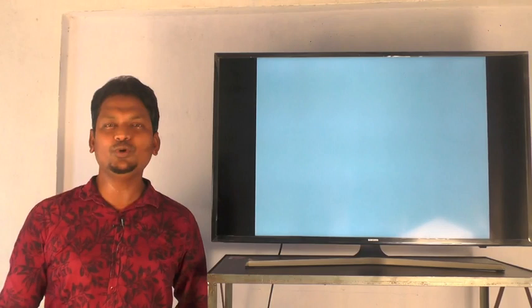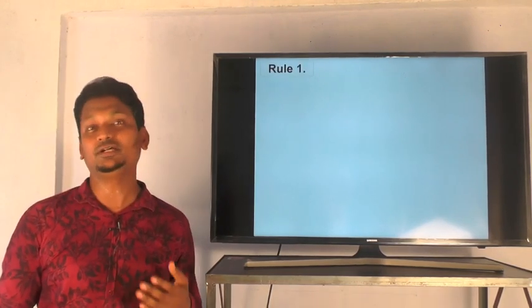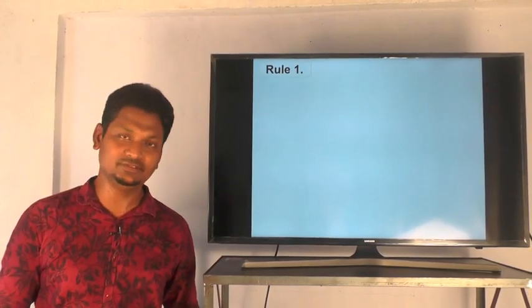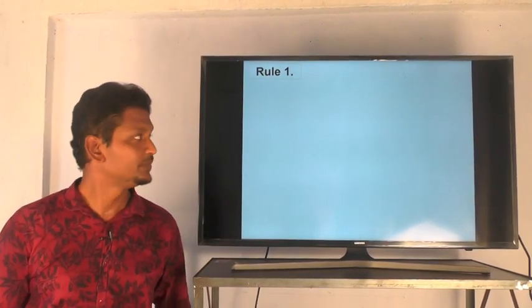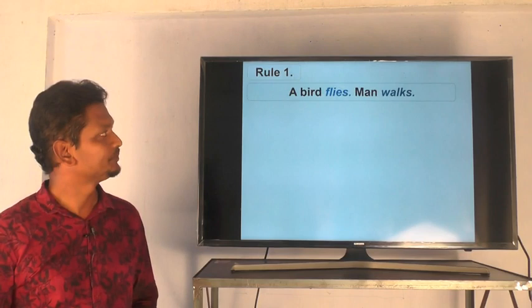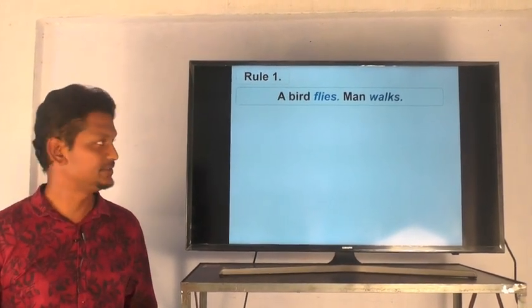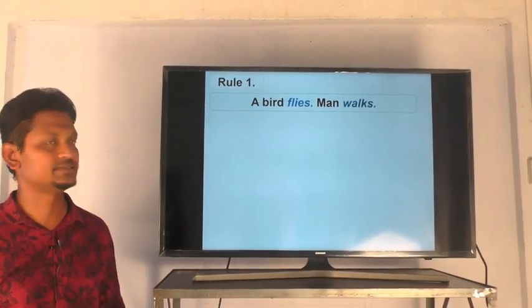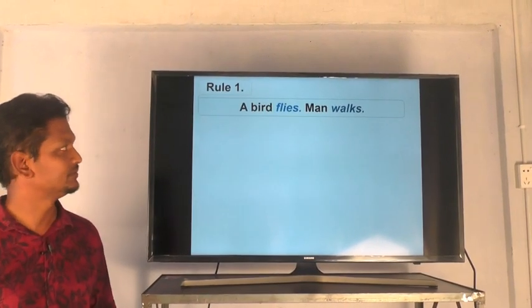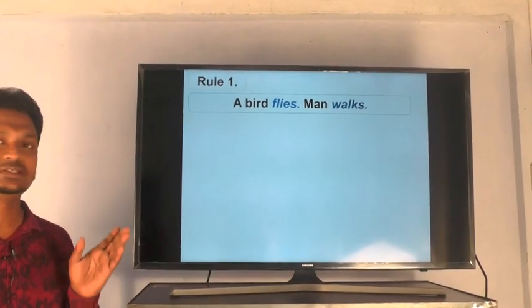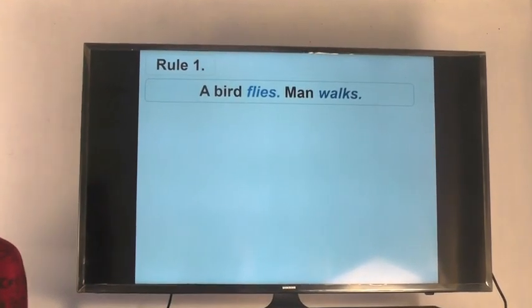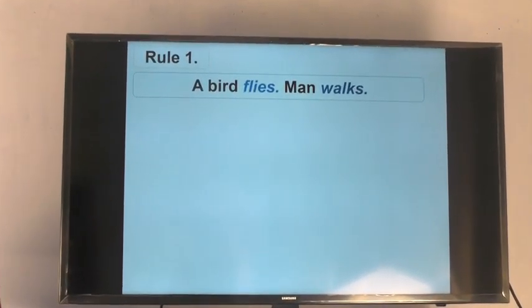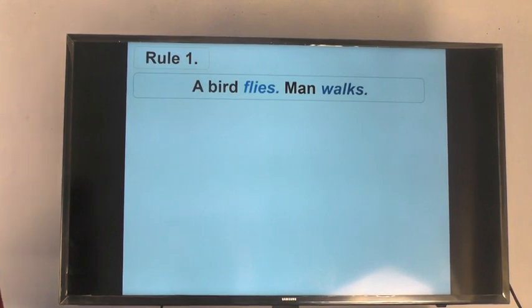Now, dear students, you are ready to learn the rules of using the right form of verbs, which I am going to tell you. That is rule number 1. Now read the sentences. A bird flies, man walks. Look, the subject is a bird and the verb is flies, so es is added, and man is the subject and walks, so s is added.